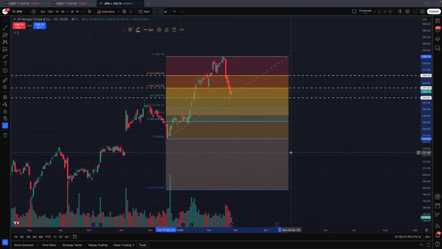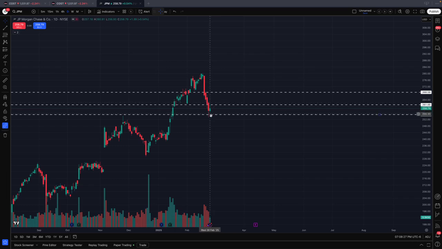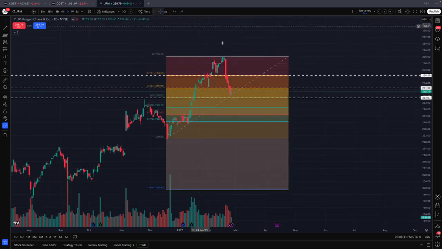Remember that you can just click rewind to look at where I had these levels at. Why wouldn't I want to trade this? Above 261 to trade into 268.50, or below, I'd have to do it below the 254. Let's put that back. We'd have to go below the 254 target in the 249.10.